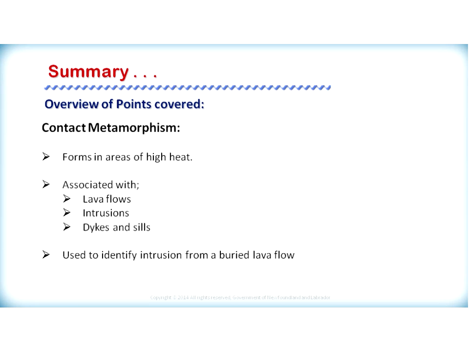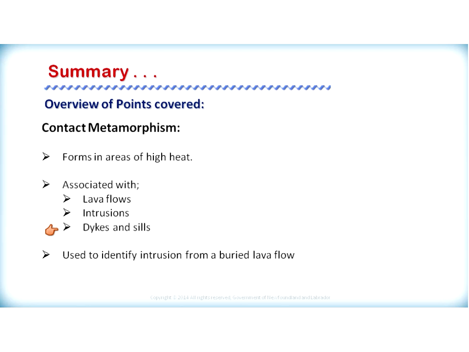In summary, contact metamorphism forms in areas of high heat. So high heat is the agent of metamorphism that is important when looking at contact metamorphism. Also, contact metamorphism is associated with lava flows, intrusions, and also dikes and sills.